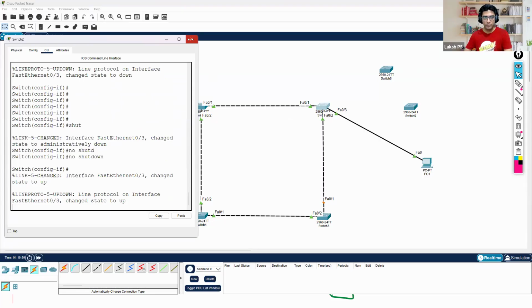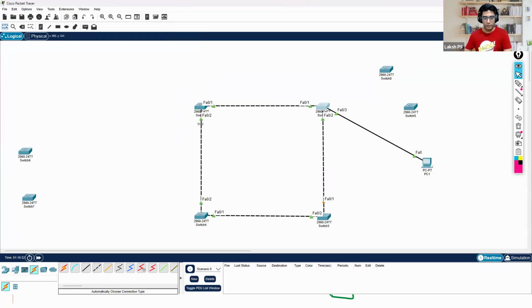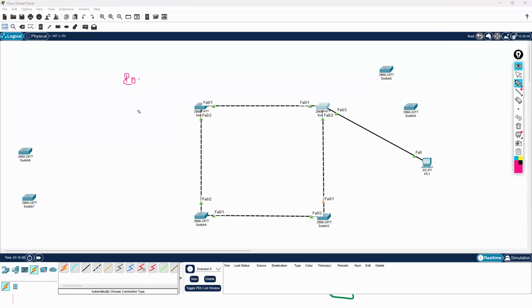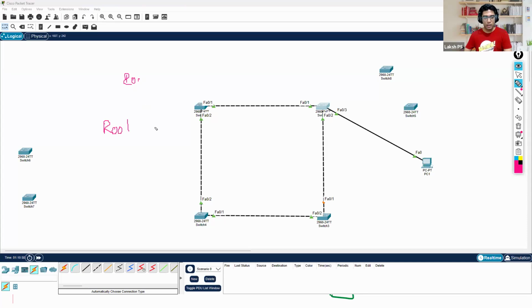Clear? Any question on root guard or BPDU guard? So root guard will block a lower MAC than the current root switch.